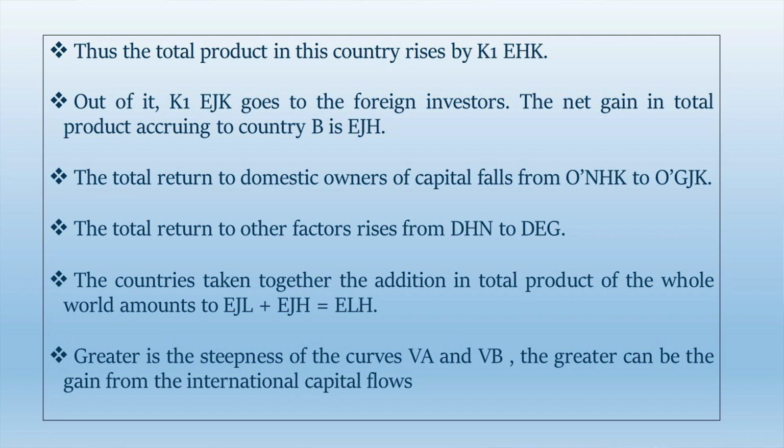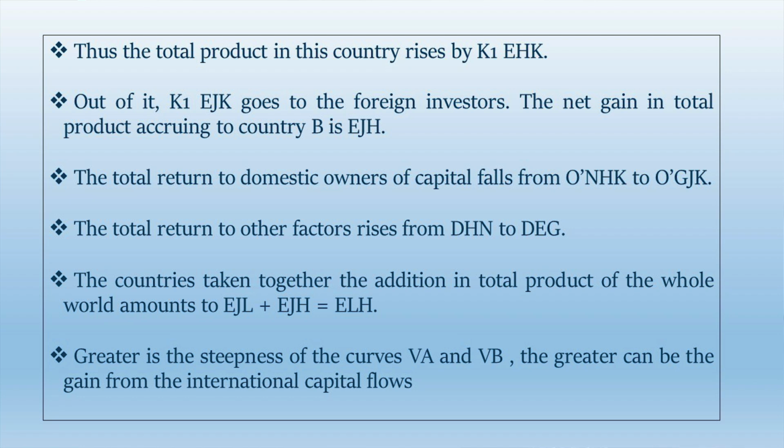Out of it, K1EJK goes to the foreign investor. So the net gain in total product accruing to country B, the host country, is EJH. The total return to domestic owners of capital falls from ONHK to OZJK. As a result, the total return to other factors rises from DHN to DEG.